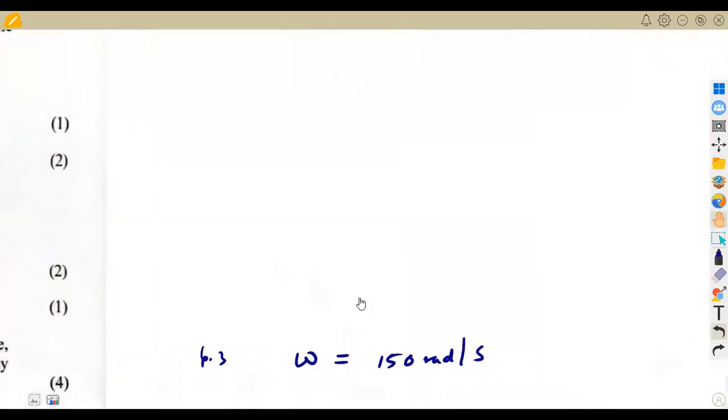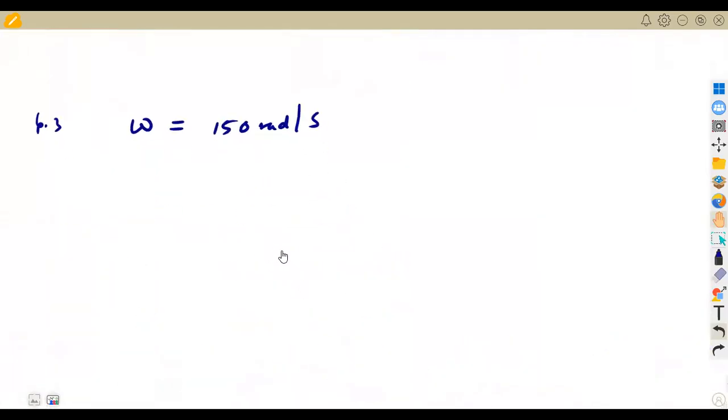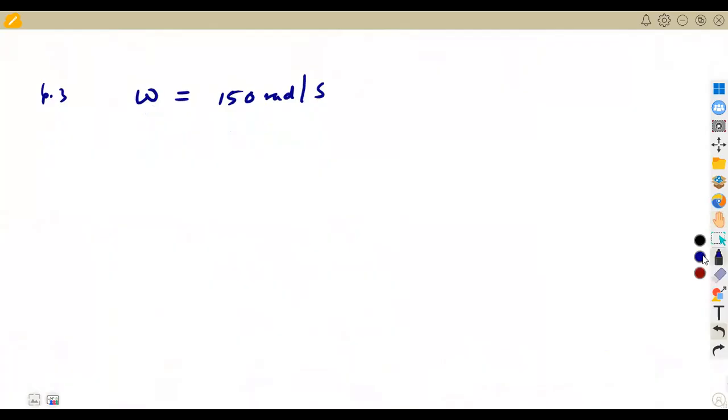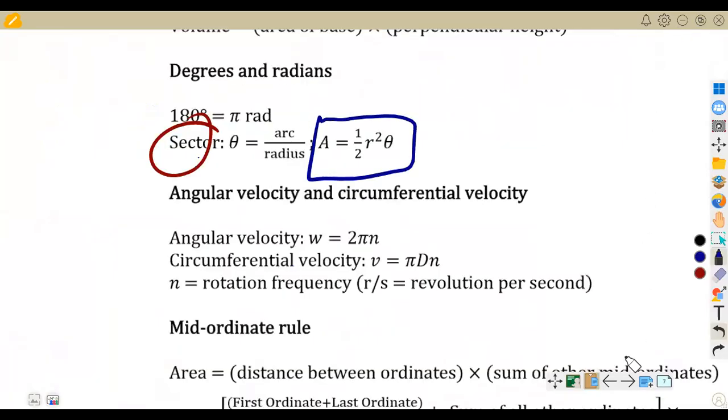So how do we calculate the number of revolutions completed, which is n? There we want to calculate n. If you check from your formula sheet, there's a relationship between omega and n, okay? On angular velocity, omega is equal to 2 pi n.